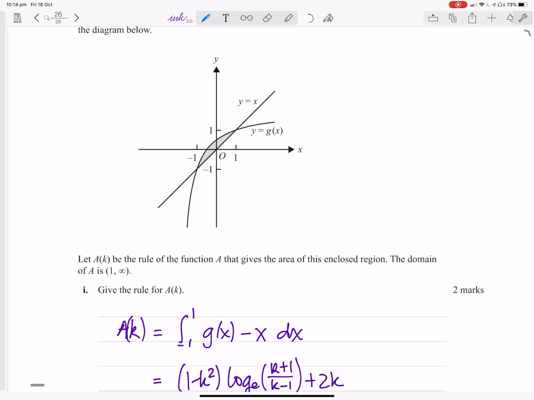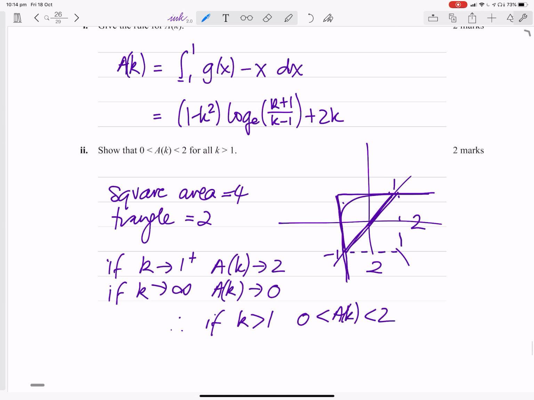How would you do that algebraically? Yeah, so basically that area is going to approach 0, and the area of this triangle equals 2.